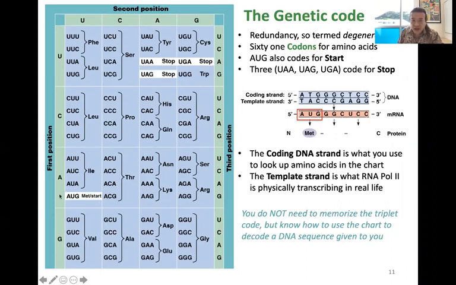For example, AUG codes for methionine, but that's also the start of translation. So it's at the AUG in the mRNA that translation is going to start, and that's where the polypeptide chain of amino acids is going to start being put together. Likewise, you have these 3 stop codons, UAA, UAG, and UGA.